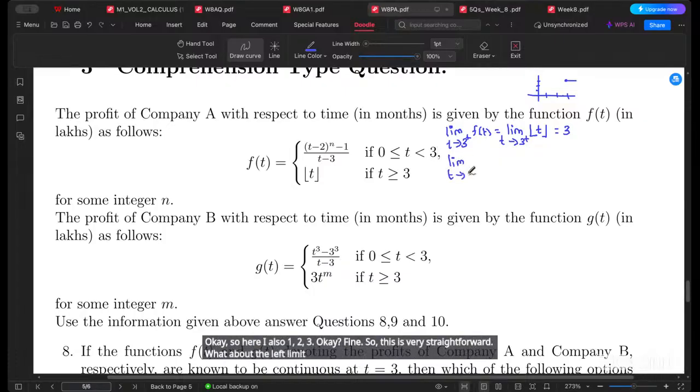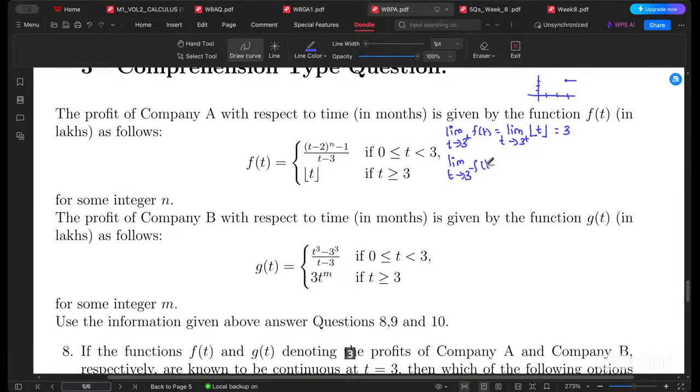Limit t goes to 3 minus f of t equals limit t goes to 3 minus of (t minus 2) to the power n minus 1, divided by t minus 3.